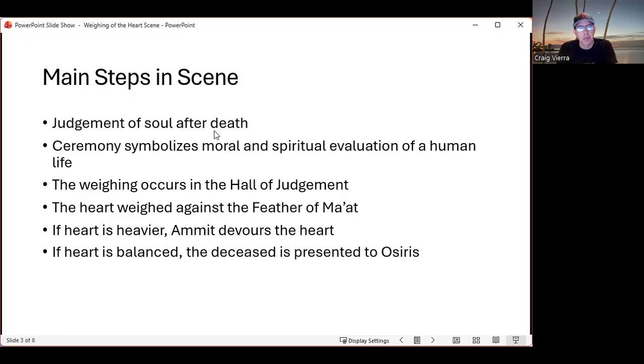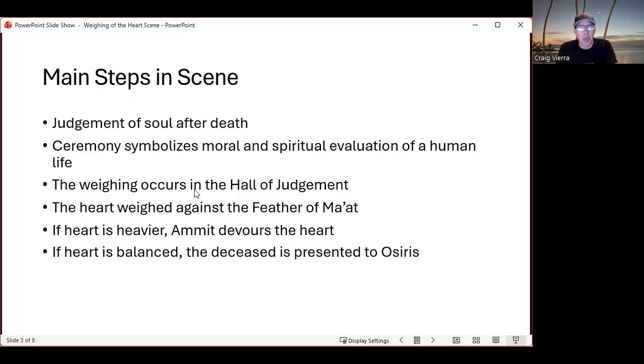That is, through the heart, since you can measure the coherency of the heart, and how the individual treated other individuals while in the physical. And so we are looking at both a moral as well as a spiritual evaluation of a human life. That's why the initiate has passed away, is deceased, and is coming in.